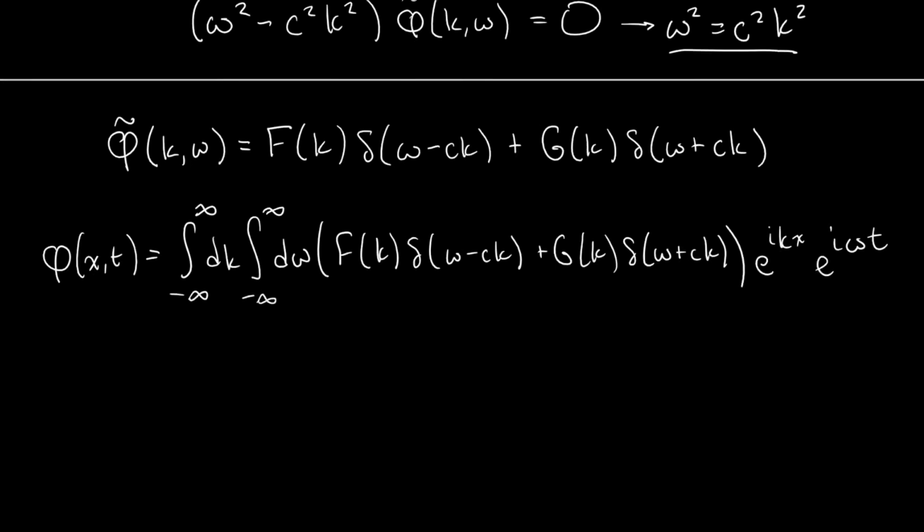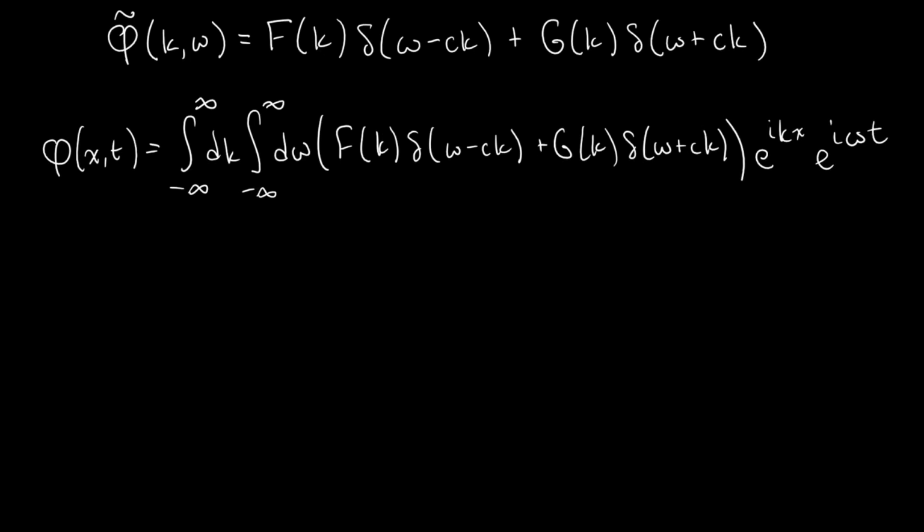Now, just like before, I can use the delta functions to collapse one of my integrals. I can't collapse both of them, but I can collapse one of them. I'll choose to collapse omega, and I'll just pick out in each term a single value of omega. First term, it's going to be ck. The second term, it's going to be minus ck.